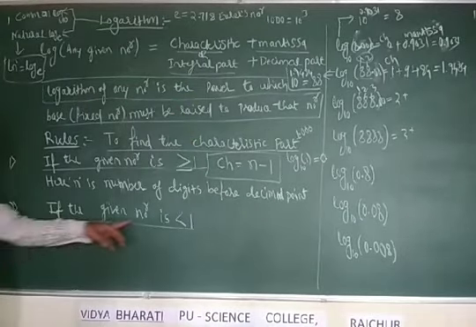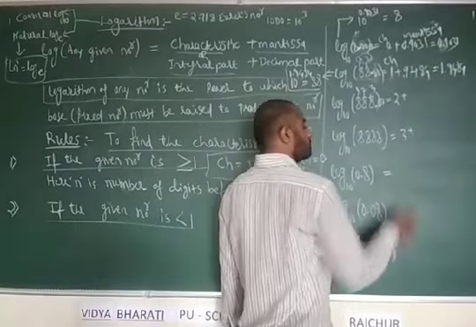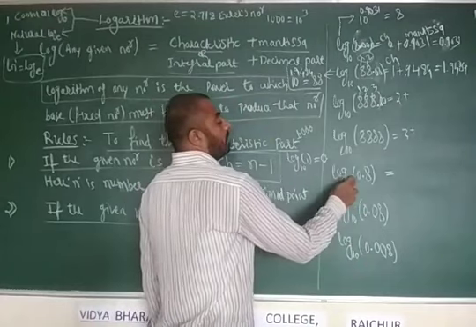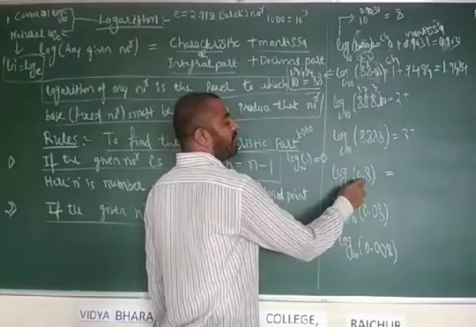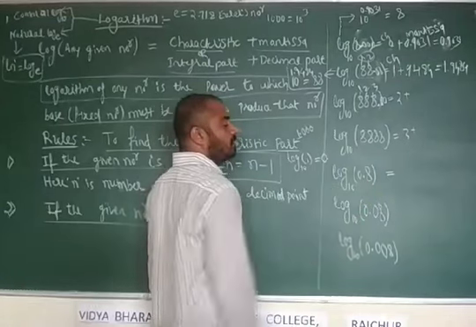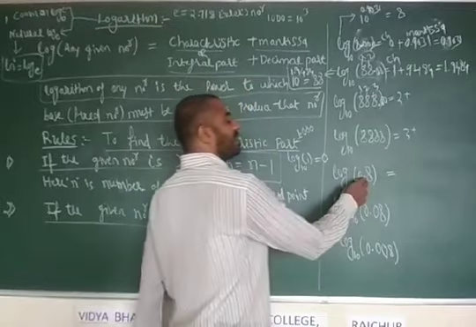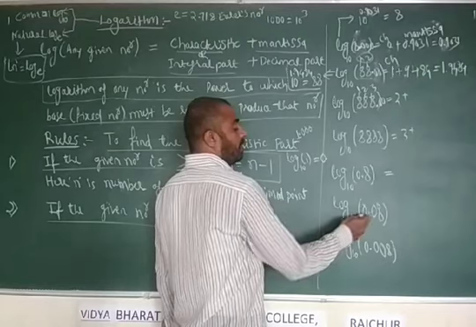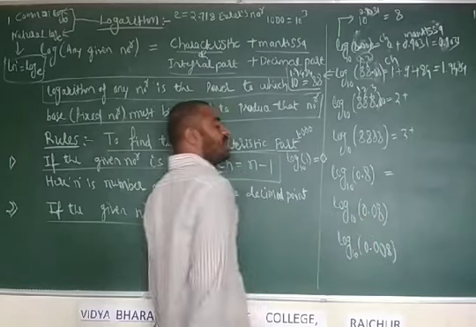Similarly, if the given number is less than 1, then how to find the characteristic? Look at this example. Log of 0.8. 0.8, of which the characteristic should be found, is less than 1. This is not greater than 1. And here is another example. Logarithm of 0.08, which also is less than 1.